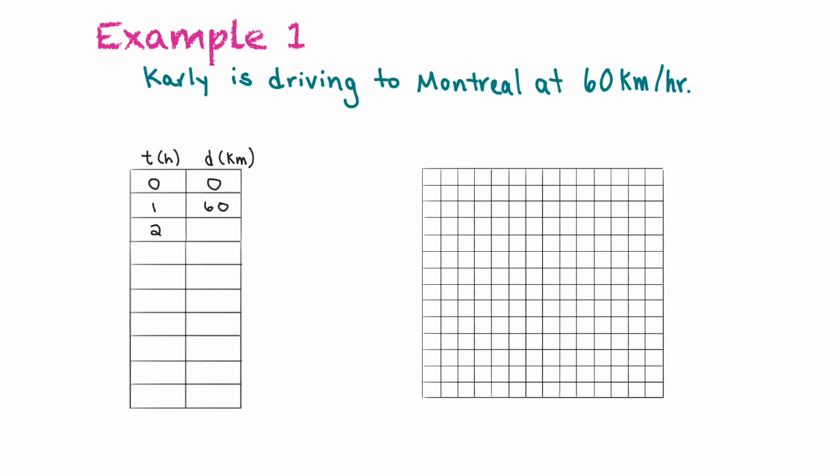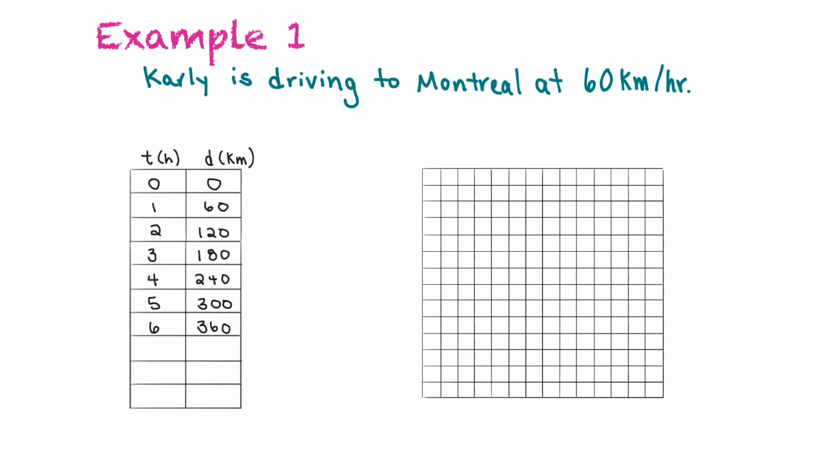After 2 hours, she's gone 120. After 3, she's gone 180. After 4 hours, she's gone 240. After 5 hours, she's gone 300 kilometers. After 6 hours, she's gone 360.